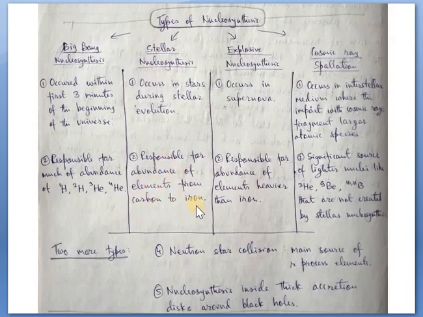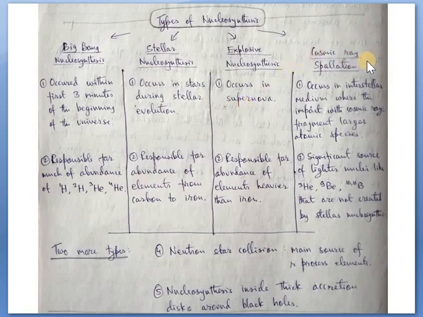Stellar nucleosynthesis occurs in the stars during stellar evolution and is responsible for the abundance of elements from carbon to iron. After that, we have explosive nucleosynthesis, which occurs in supernovae, and as a result of this supernova explosion, we get lots and lots of neutrons, which are responsible for the abundance of elements heavier than iron, which I have just talked about.